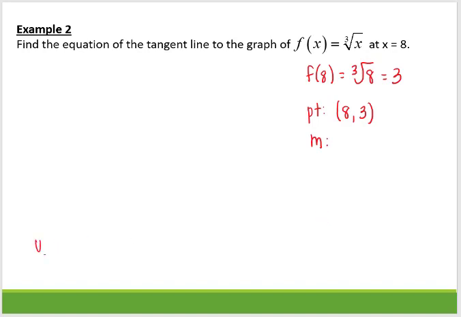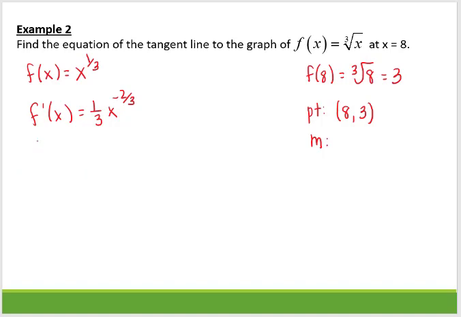So we have our derivative of this function. First, I'm going to be a good model of what I want you guys to do. Write that as x to the 1/3. So now when I'm finding the derivative, I have 1/3 x to the negative 2/3.